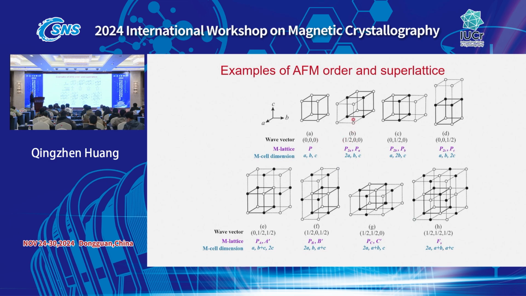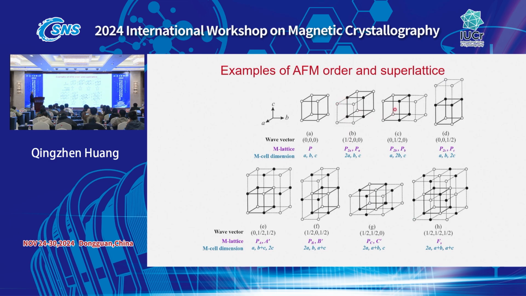And then if the magnetic order becomes antiferromagnetic, this position atom is no longer identical, so you need to enlarge the unit cell. So enlarge from A. Now our lattice is called P2A or PA. P2A means you need to double the A axis.